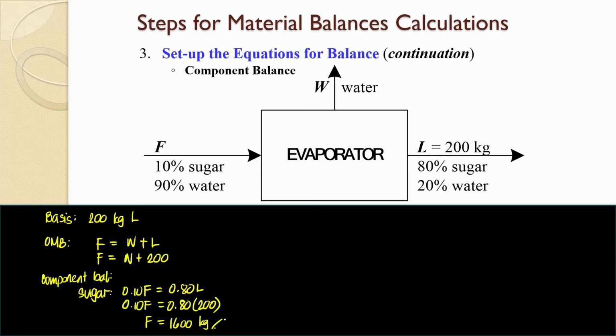Now, we were able to solve for F. How do you solve for W? I can say F equals W plus 200. So W is 1,600 minus 200. Your W is 1,400 kilograms, right? Can you follow?